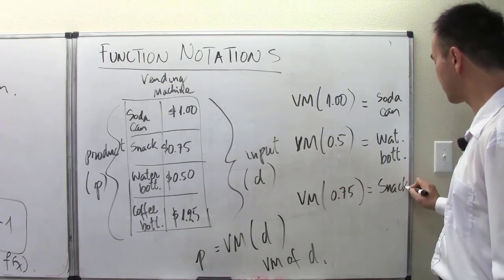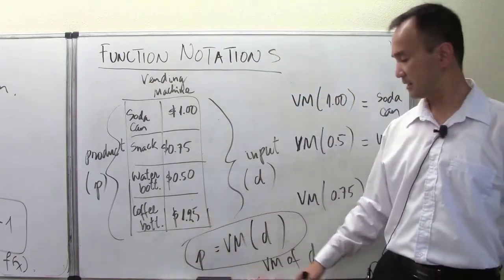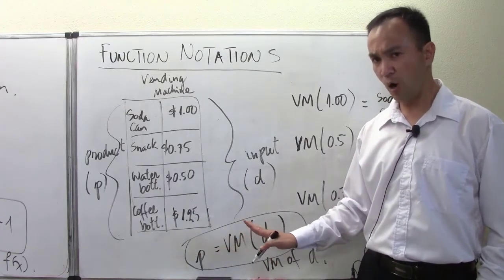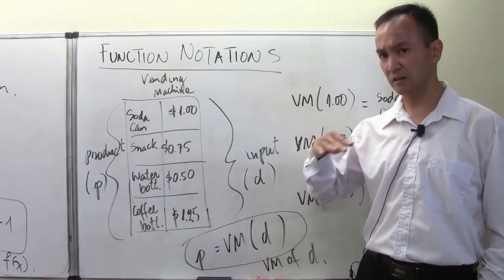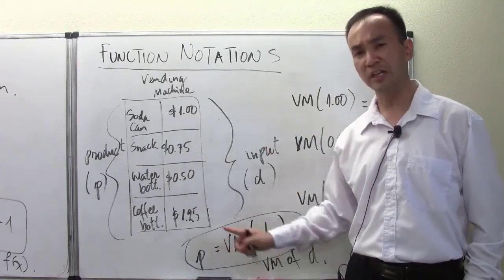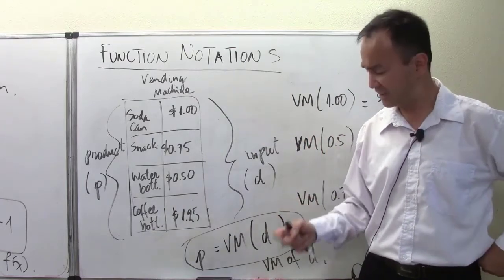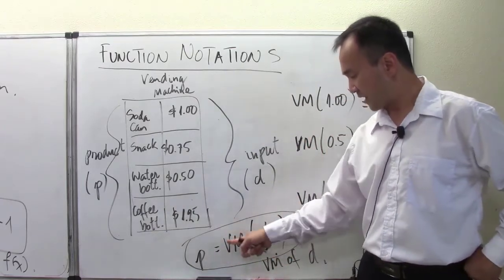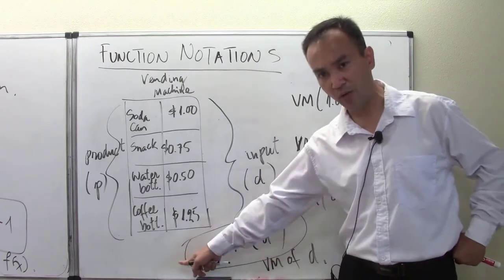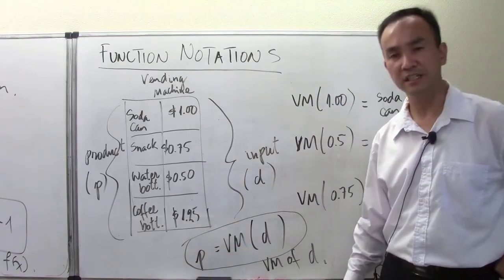It's a product, and that's why once again I'm reinforcing the fact that P equals VM of D right here. So this equal sign doesn't always mean, and it's time you grow a little more mature in your understanding of the equal sign, a quantity equal to a quantity. It could just mean a value inputted into a function, and it comes out with a value, and that value is regarded as the P variable, the P letter.